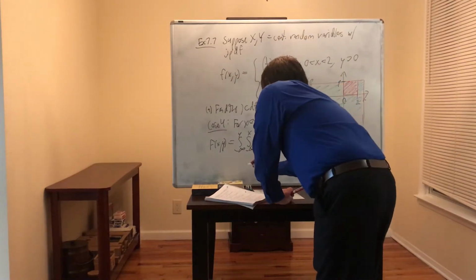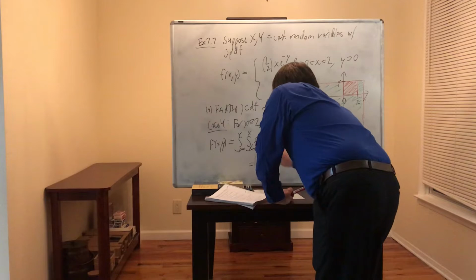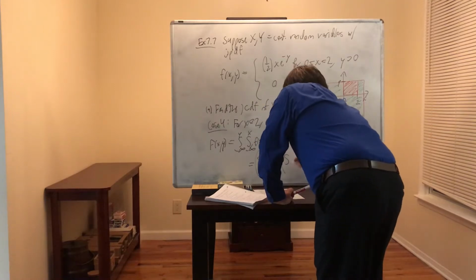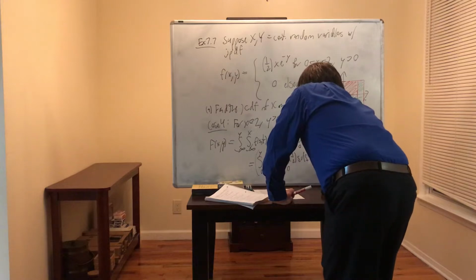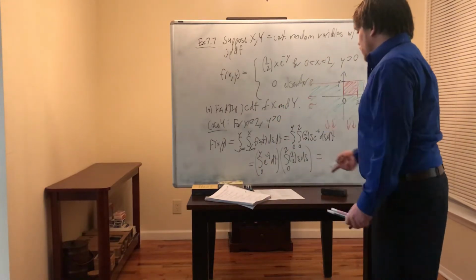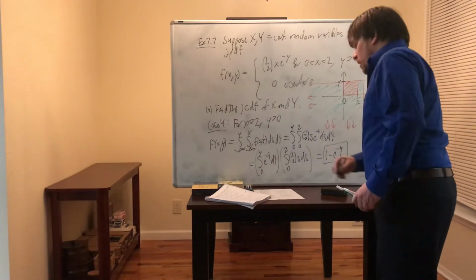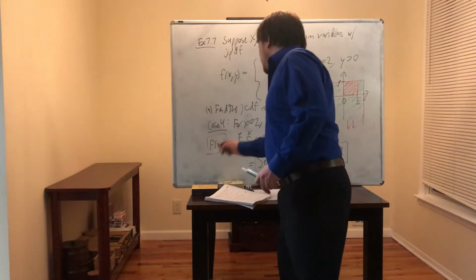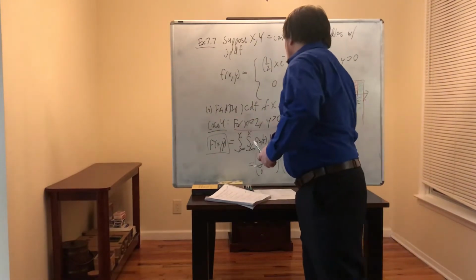So this is equal to the integral from 0 to y of e to negative t dt times the integral from 0 to 2 of 1/2 s ds. If you find both those definite integrals and multiply them, you get 1 minus e to negative y. That's capital F of x comma y for x greater than or equal to 2, y positive.